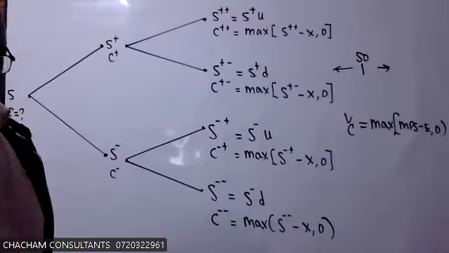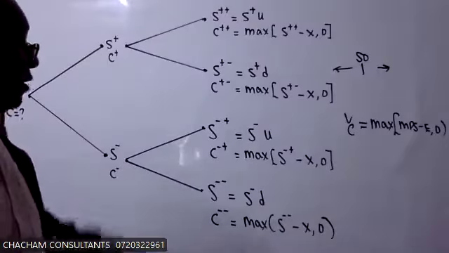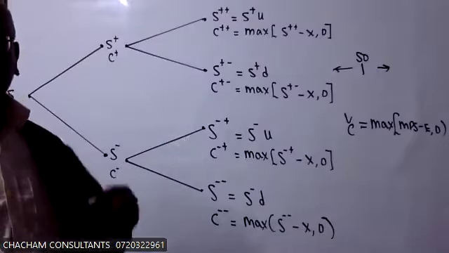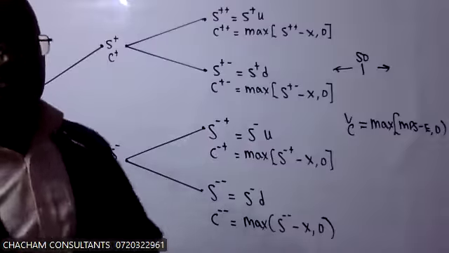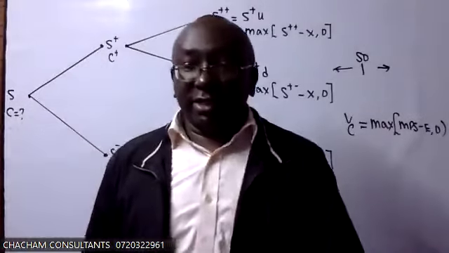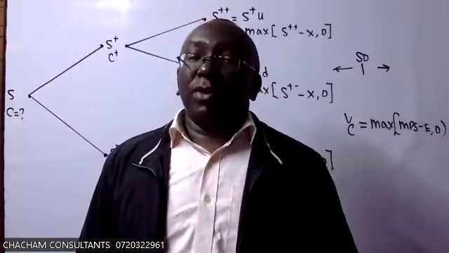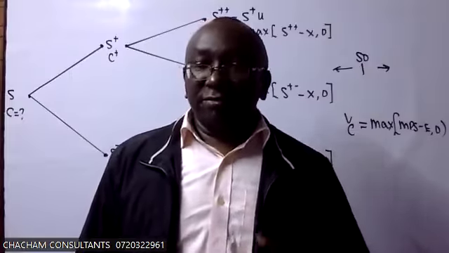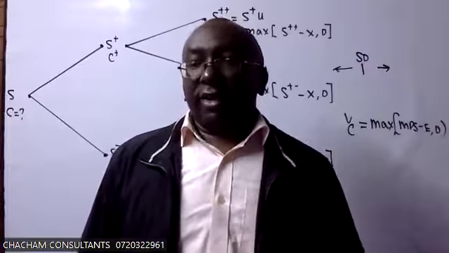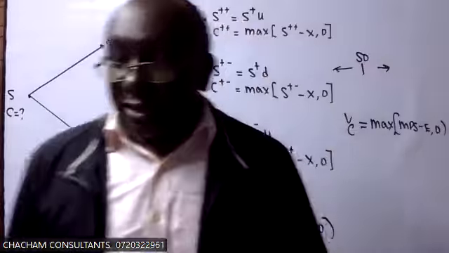The next thing that we now need to compute is the number of securities to hold. Remember we said we do not want to have arbitrage. And we have been talking of arbitrage, where you take advantage of mispricing.